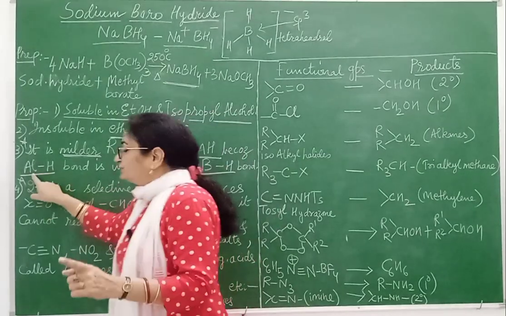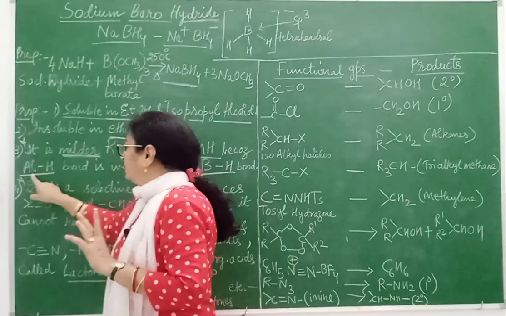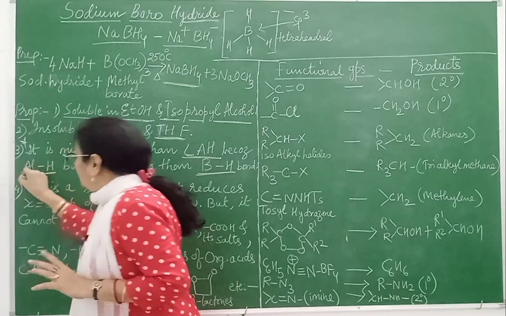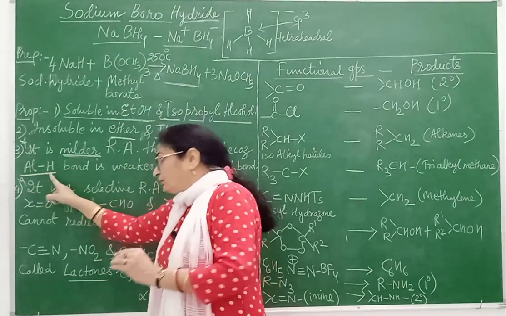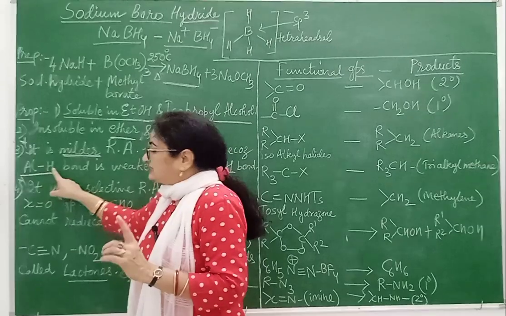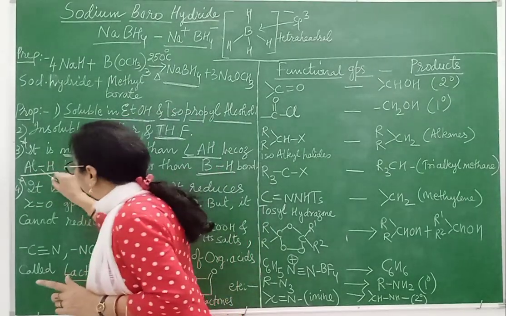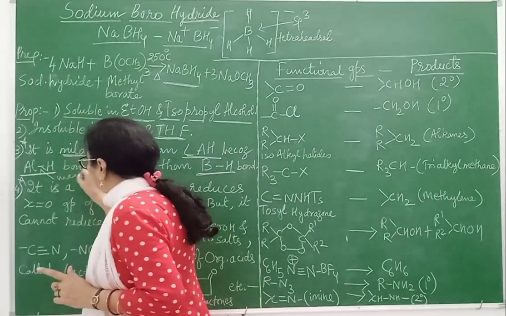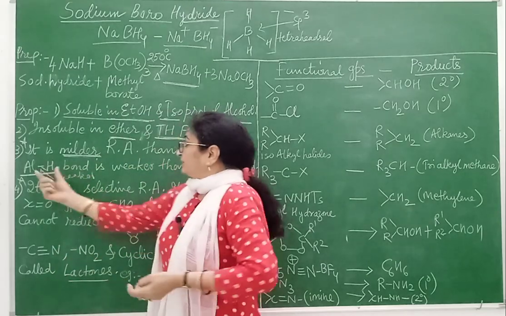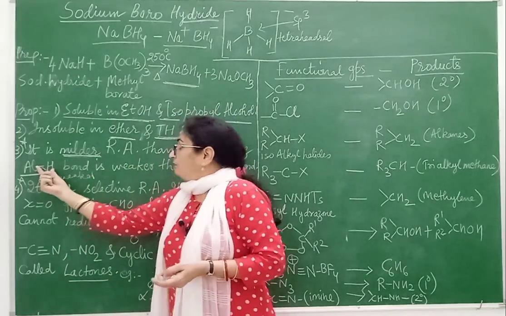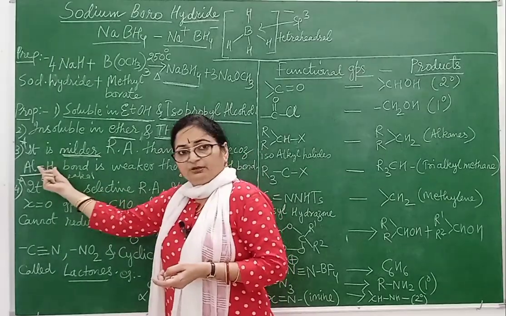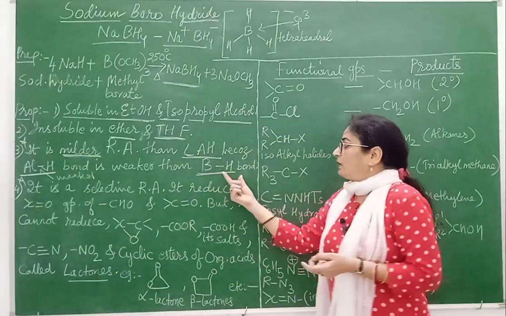That means from the third shell onward the size of the atom becomes bigger. So there is a bond between a bigger atom and a smaller atom. Due to the size difference, this bond becomes weaker. That means hydride ions are more available in lithium aluminum hydride than in sodium borohydride.